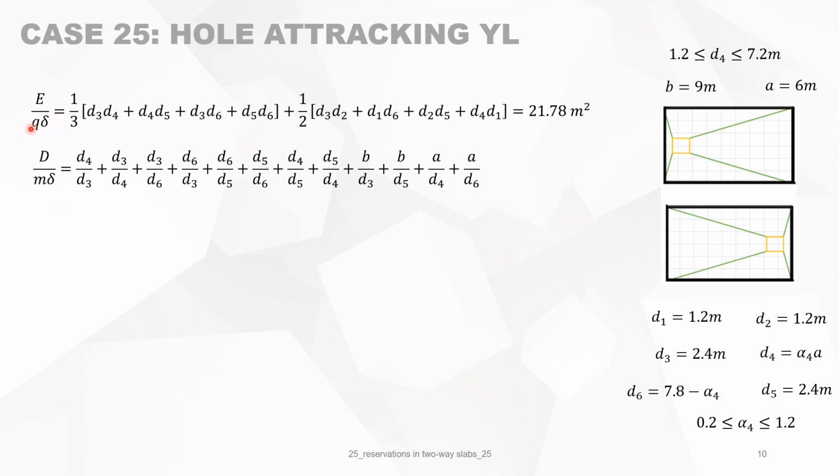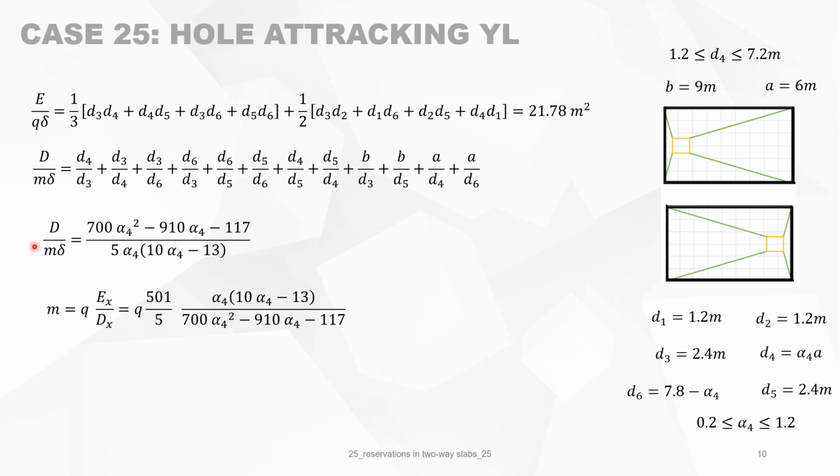The work done by the internal forces, we substitute and we see that it is a function of alpha 4, and it looks like this. Then we say B is equal to E, we get M from it, and M equals then this equation.